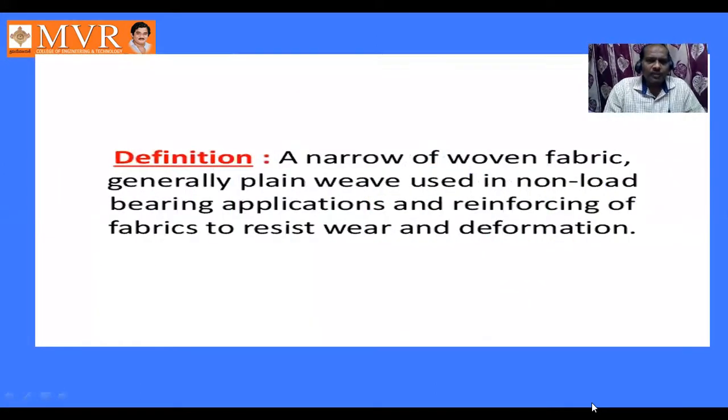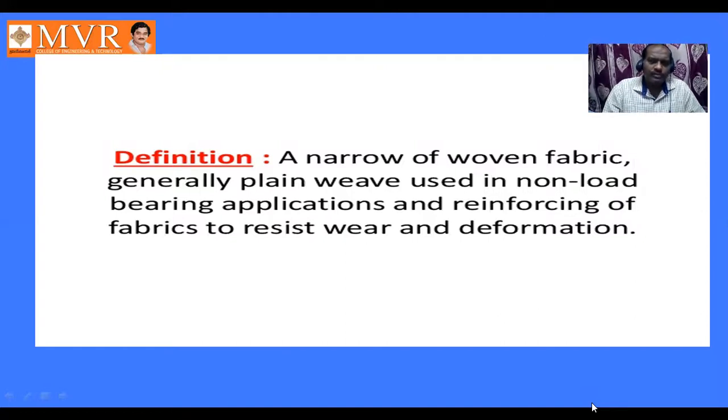So what is the definition of a tape? A narrow woven fabric, generally plain weave, used in non-load bearing applications and reinforcing of fabrics to resist wear and deformation. So what is the meaning here? There are broadly two categories they have mentioned. Electrical tape is made of plastic. If the same plastic type of material is replaced with a woven one, then that is used in the service wire, that is, the electrical supply from pole to house.